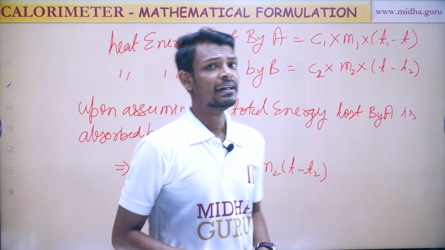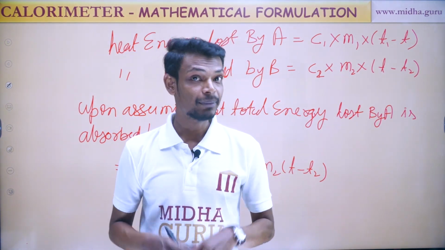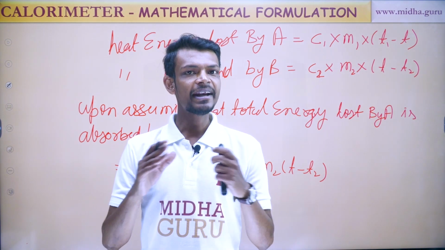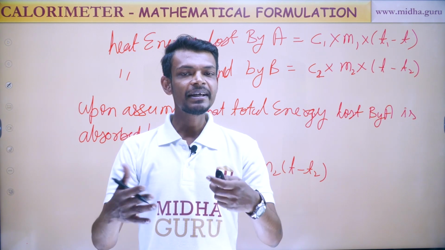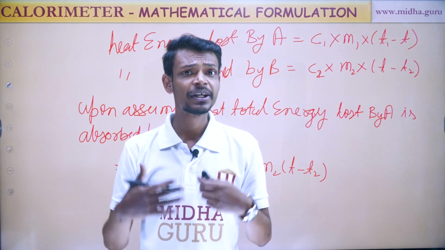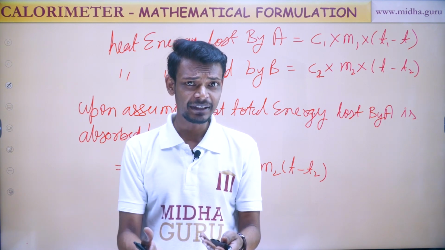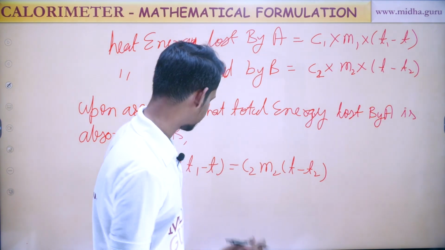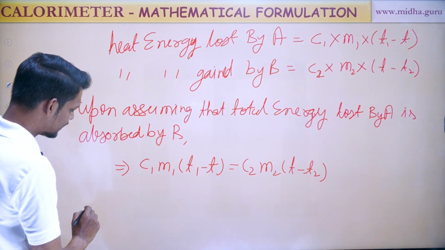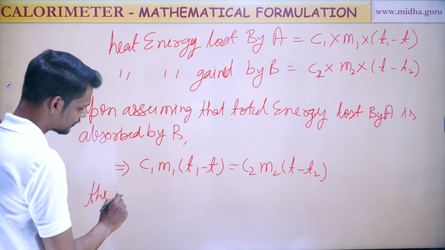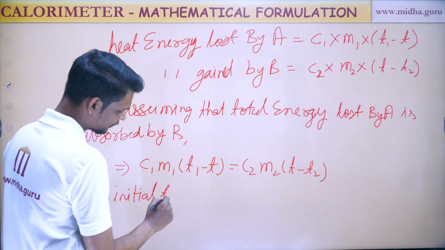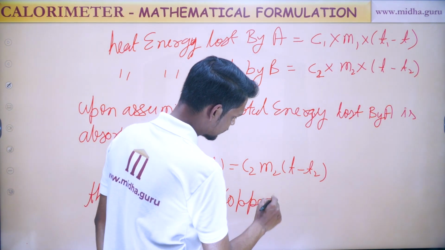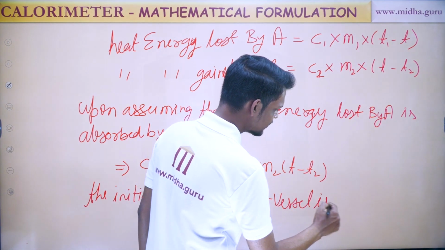Okay, now let us take into picture the calorimeter itself. We know that the calorimeter is made up of copper. If I want to find out how much heat is lost to the system, that means to the calorimeter, then I need to take into consideration the copper vessel itself. So let us further assume that the initial temperature of the copper vessel is T2.